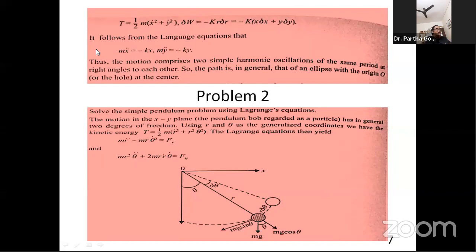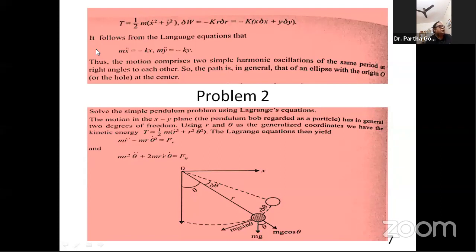These are the equations of SHM, simple harmonic motion. Up to undergraduate level, your physics starts with SHM and ends with SHM. So if you cannot identify the differential equation of SHM, that is not a satisfactory situation.